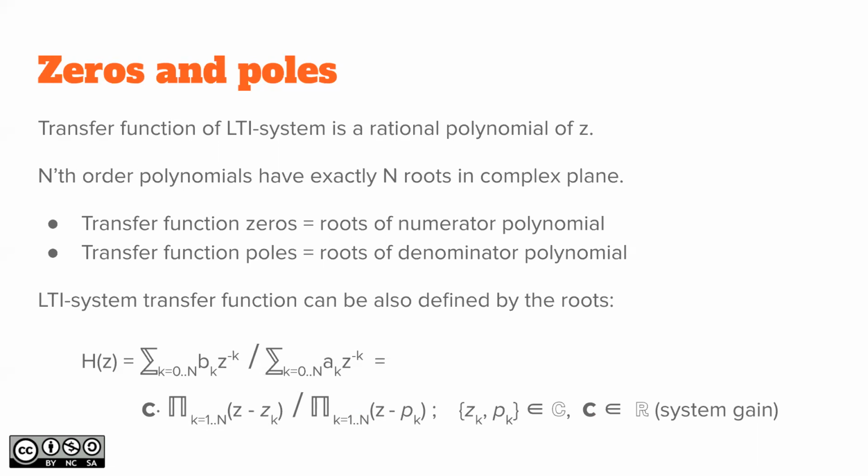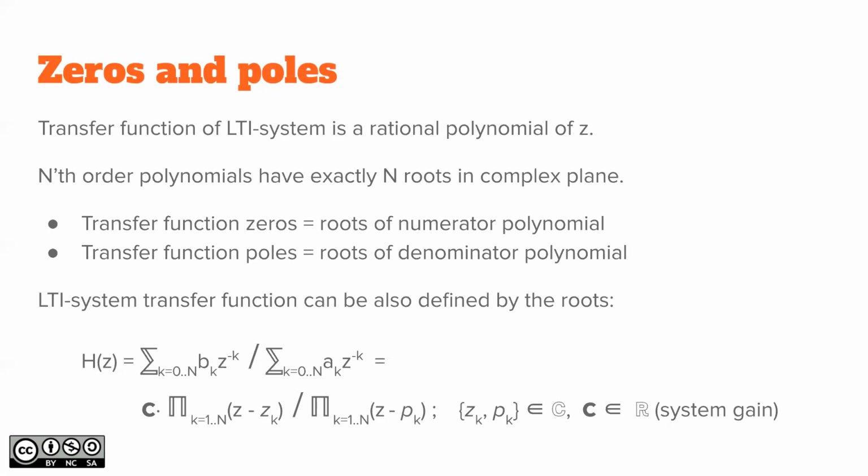So nothing much changes here. Basically it means that if we are in the complex plane and have, for example, a second order polynomial, it has exactly two roots. Roots are the points where either the numerator or denominator polynomial goes to 0.